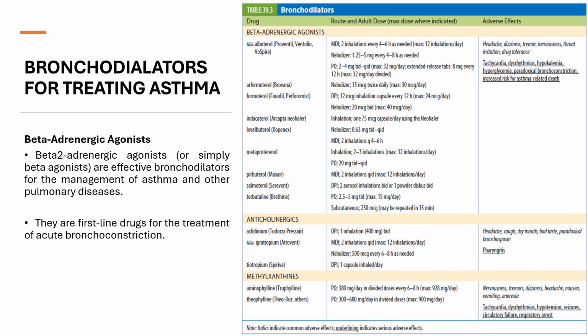The LABAs are also delivered via handheld inhalers, and patients may assume they have the same rapid action as the short-acting drugs. Patients must be alerted to the dangers of taking LABAs during an acute episode.